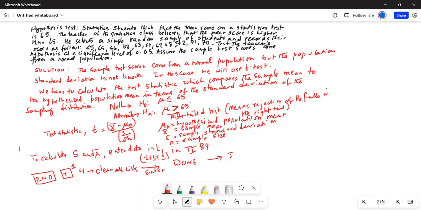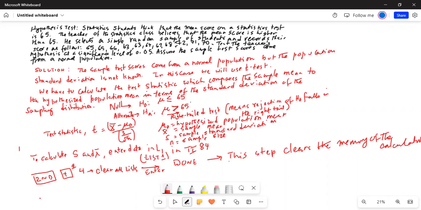This step clears the memory of the calculator. So second button, plus on top of enter, number 4, clear all list, then hit enter, done.